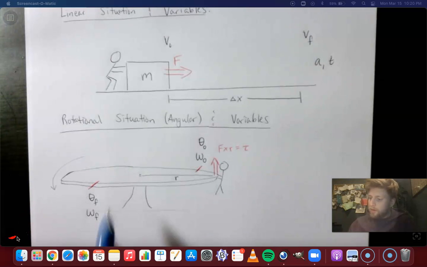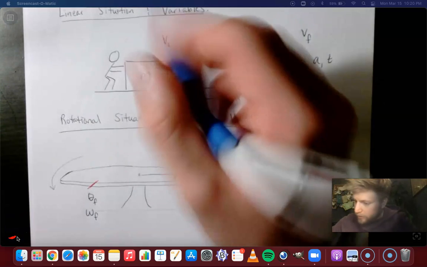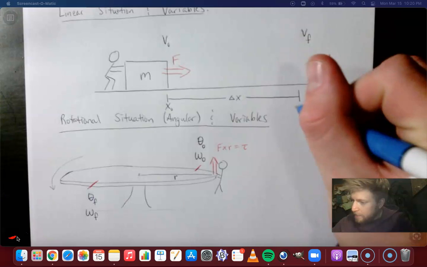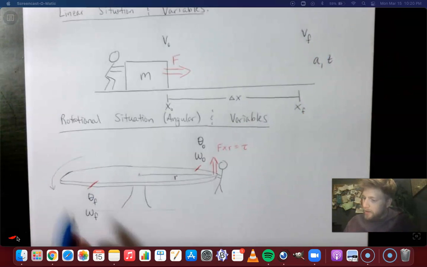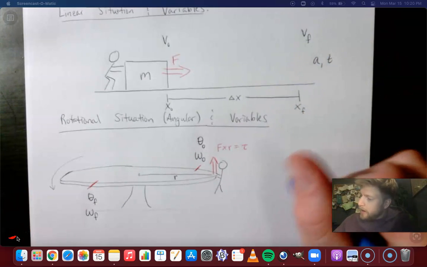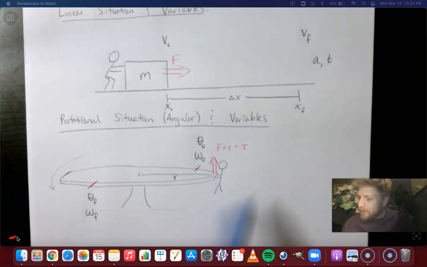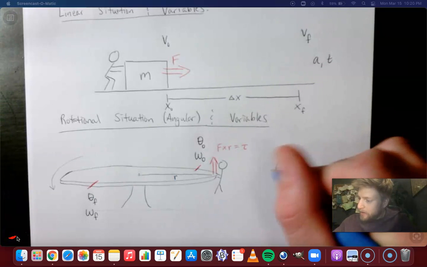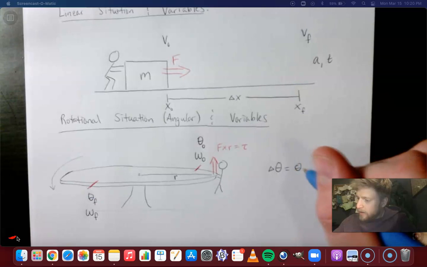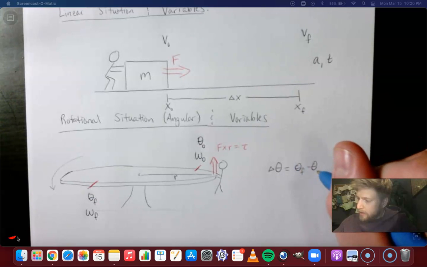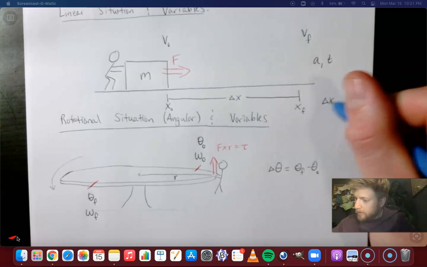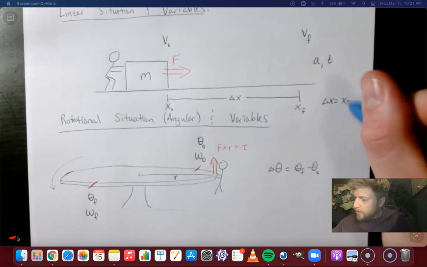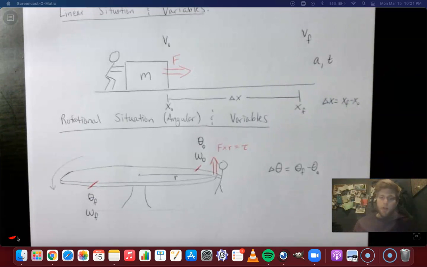So the overall displacement there, this would have been x naught, x final. We can say that this had a total angular displacement of theta final minus theta initial, just like we can say delta x equals x final minus x initial.